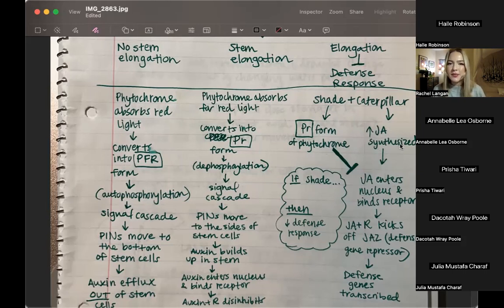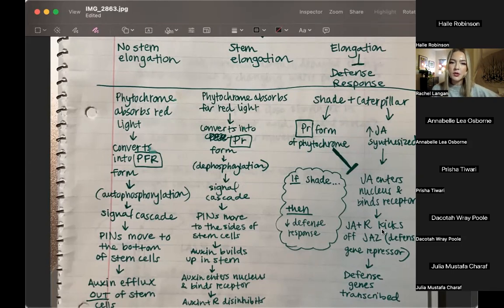Just to remind yourself about the defense pathway, because you will have to know it for this test: in response to herbivory, maybe from some caterpillar eating, the plant is going to increase the concentration of JA. JA is going to act kind of similar to auxin, where it enters the nucleus, finds its receptor, and then JA plus its receptor is going to bind and kick off JAZ. And JAZ is a repressor of defense genes.